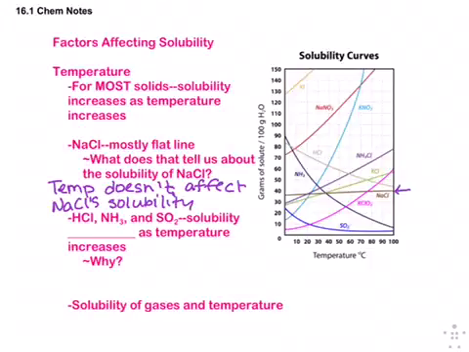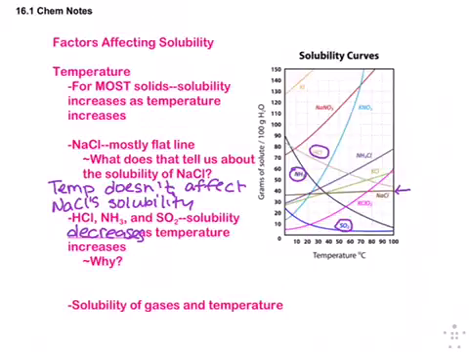Then if we look at HCl's line, which is right here, HCl, NH3, and SO2, what do you notice is their solubility trend as the temperature is increasing? Yeah, so their solubility is decreasing as temperature is increasing. Why would that be?